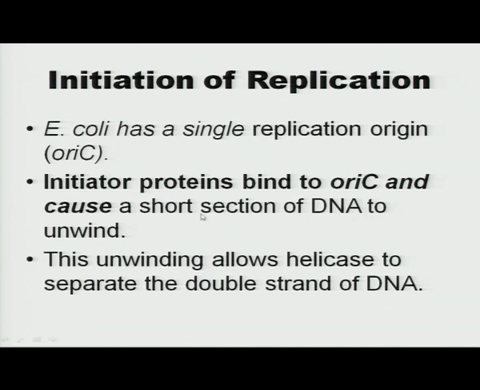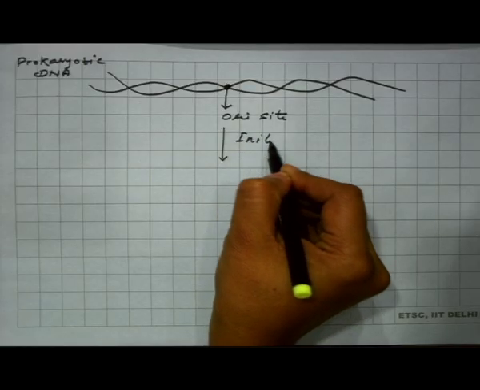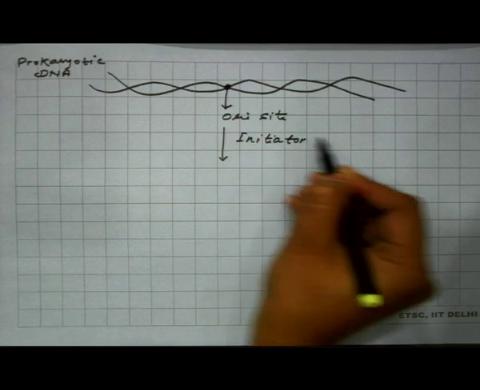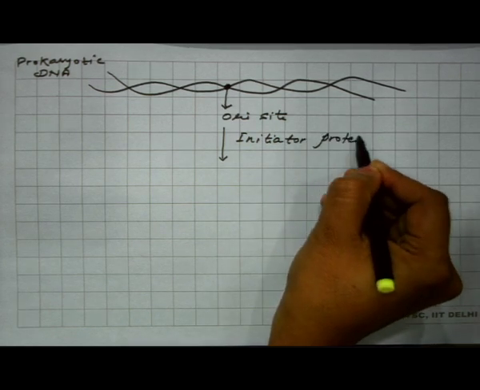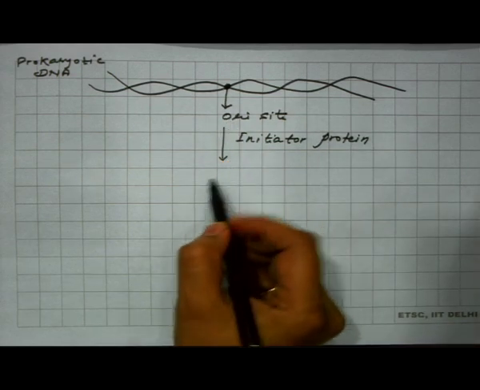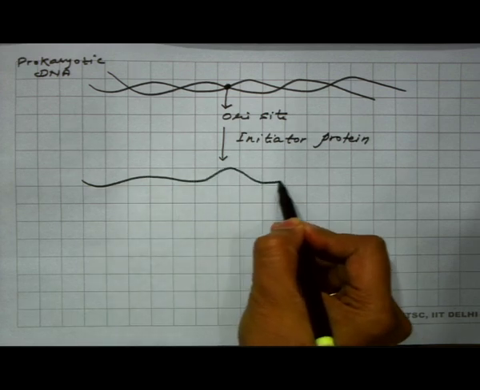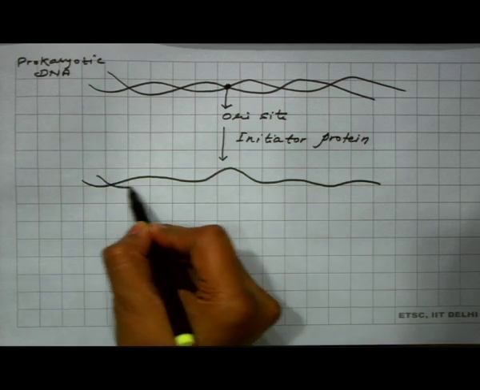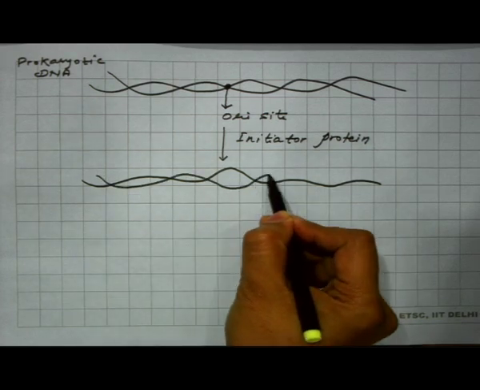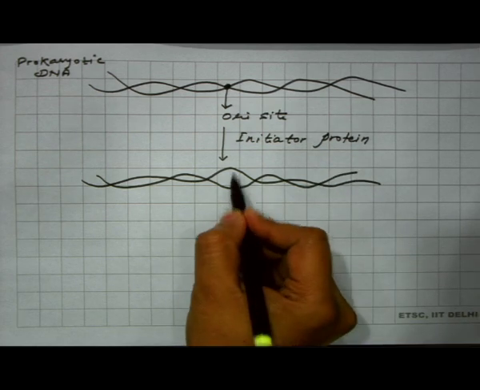and then this short section of DNA will now be unwound by the helicase enzyme. So, first of all an initiator protein will bind over the origin and make the DNA unwind in small fragments.